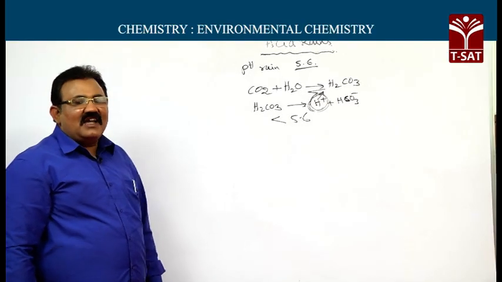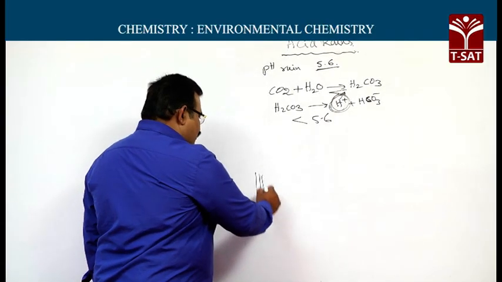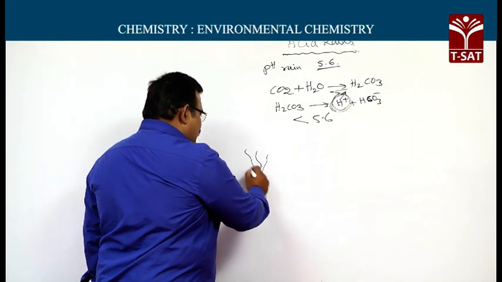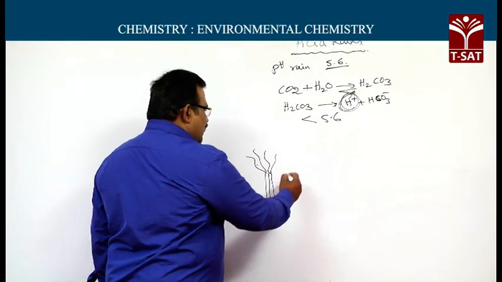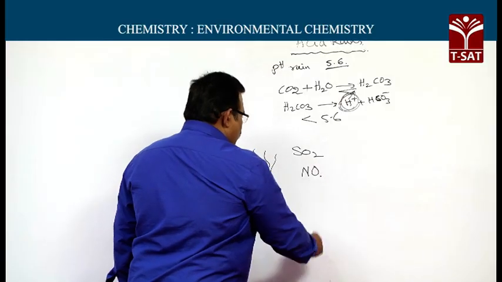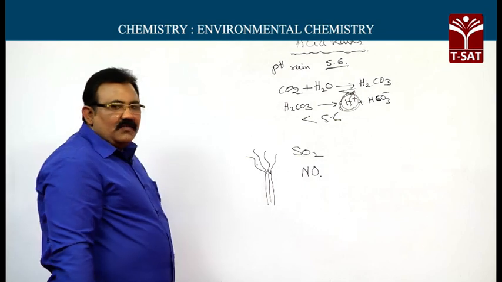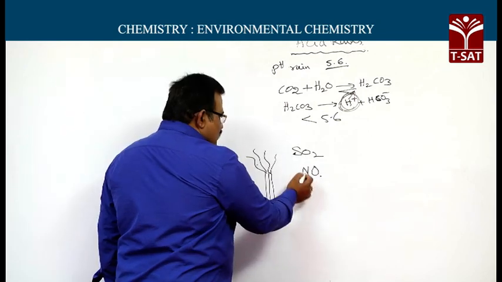How does this acid rain occur? Let us see. The exhaust fumes of industries mainly contain sulfur dioxide and nitrogen oxides. The fumes which come out from the factories contain these gases.